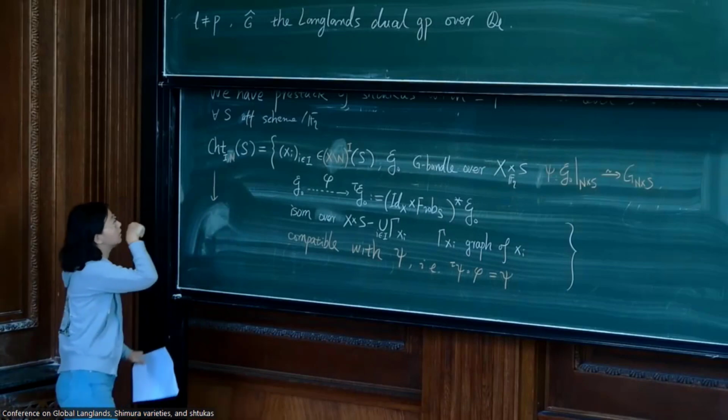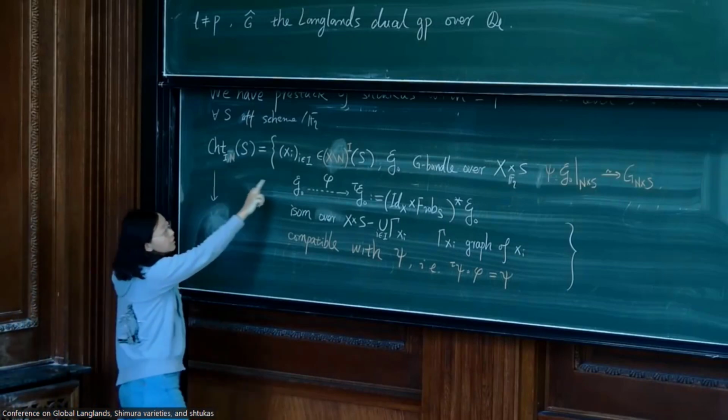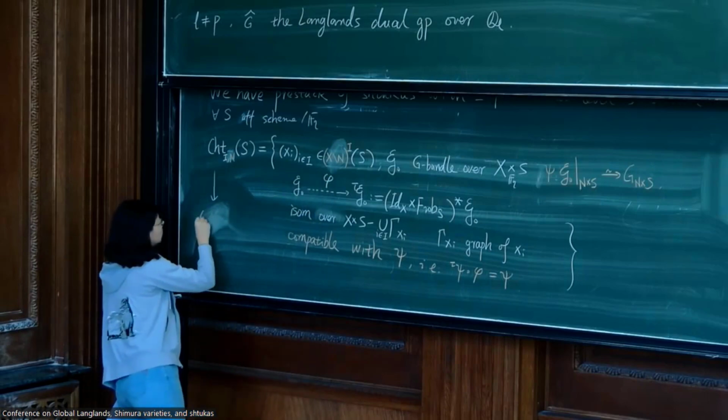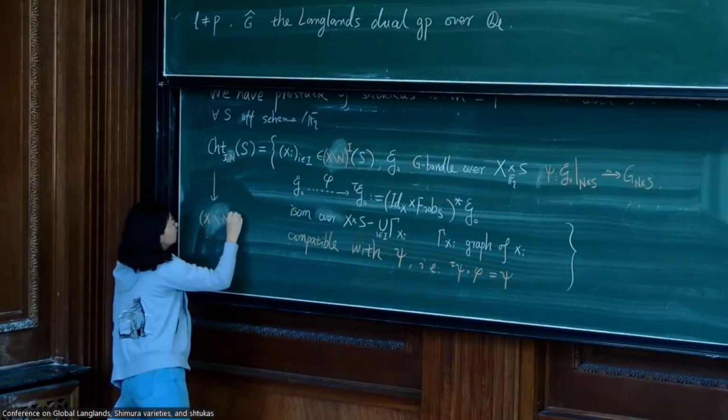So this is the shtuka with level structure. The legs are outside the level, so it is over this.